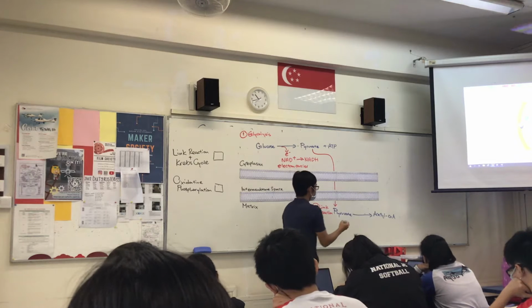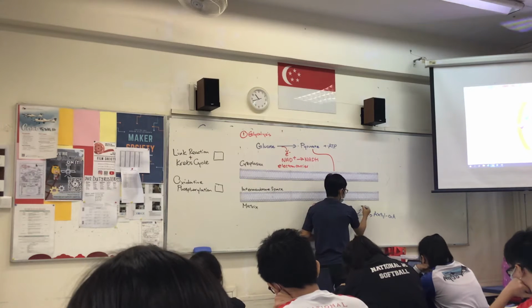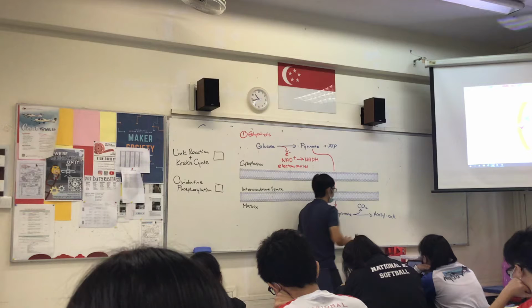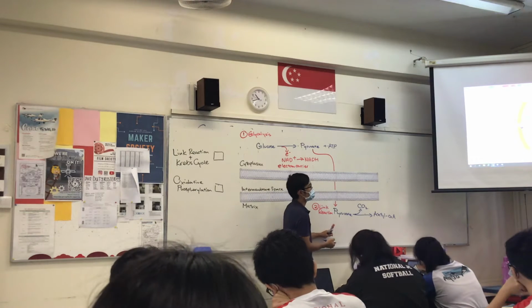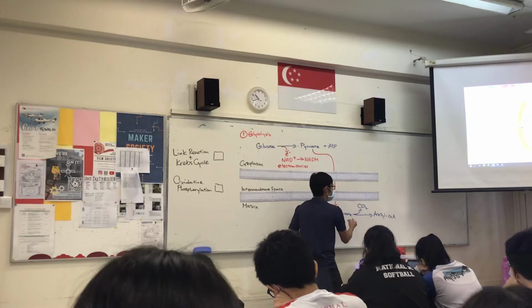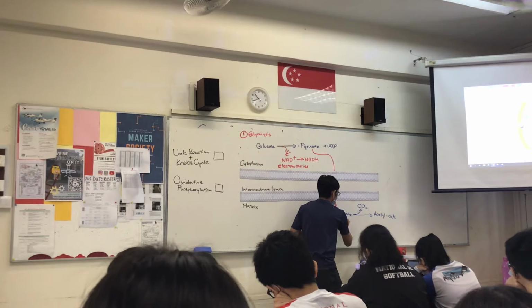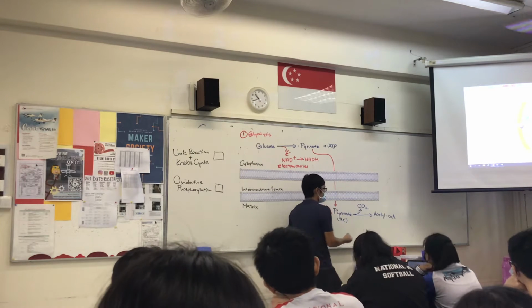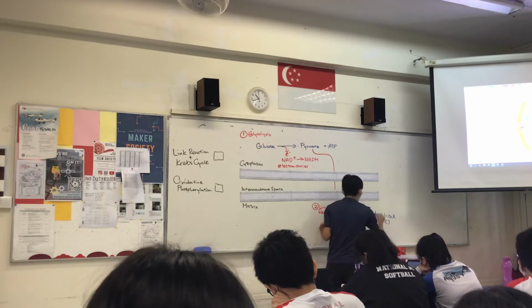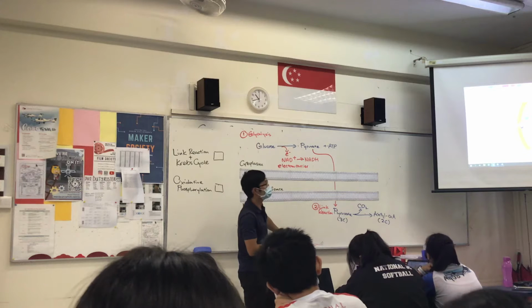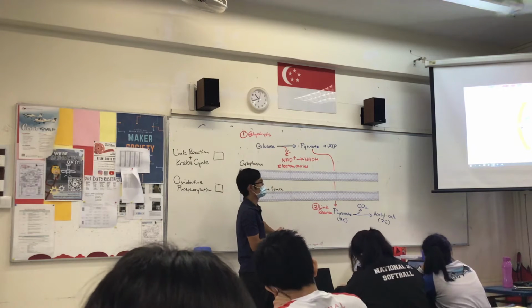Along the way, CO2 is produced, or rather extracted out. You notice that pyruvate has a total of 3 carbons, but after you extract out CO2, acetyl-CoA is left with 2 carbons. This one is just for your information.